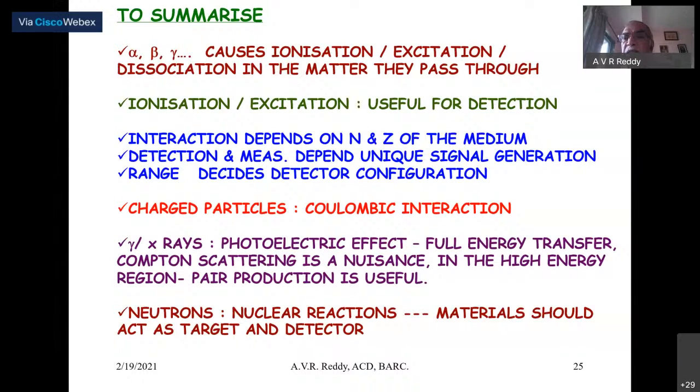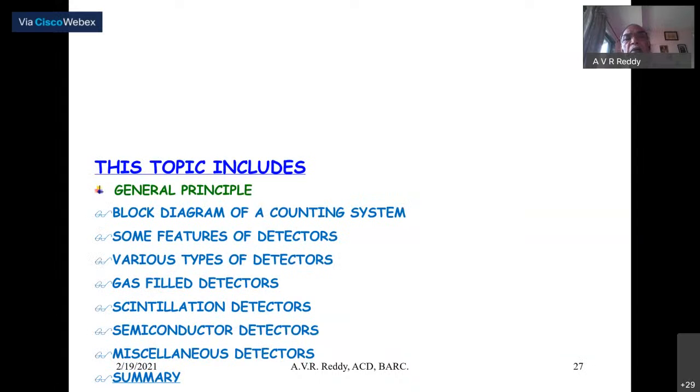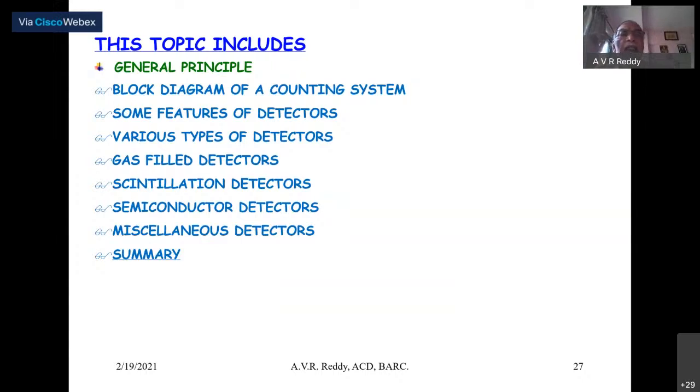Leaving that at that stage, we will proceed with the radiation detection and its measurement. And the plan of the talk is that I'll give the general principle, then give a block diagram of a counting system, and then some features of detectors, various types of detectors.